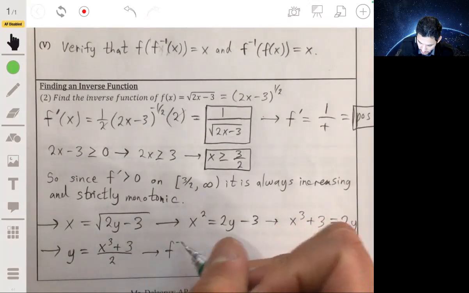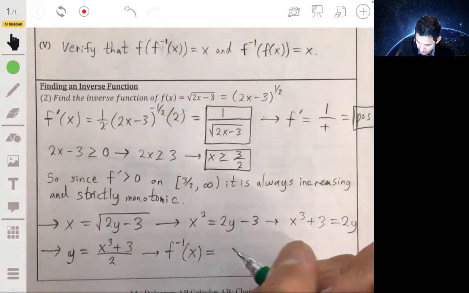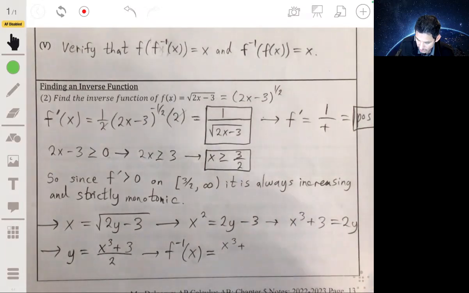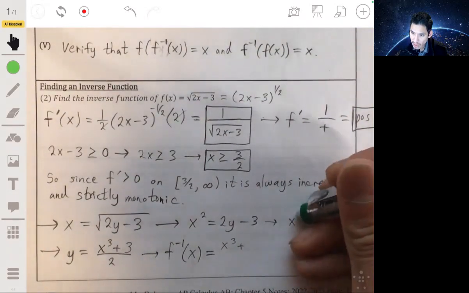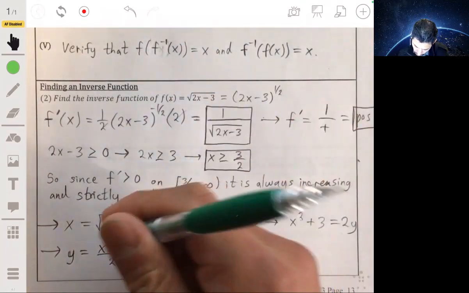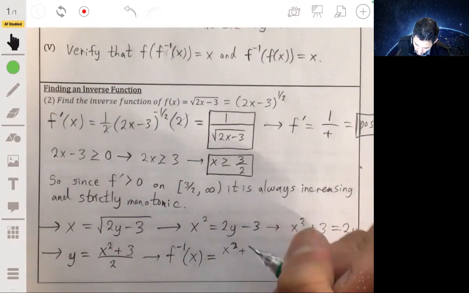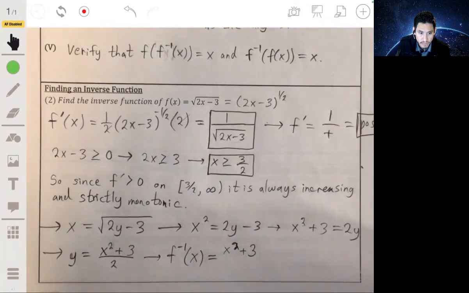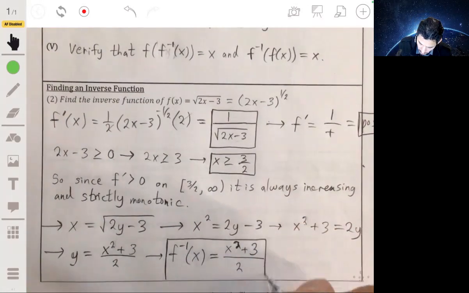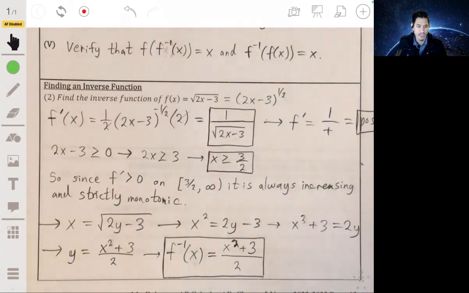In this case, our f inverse function is x squared plus 3 over 2. All right, so there you go.